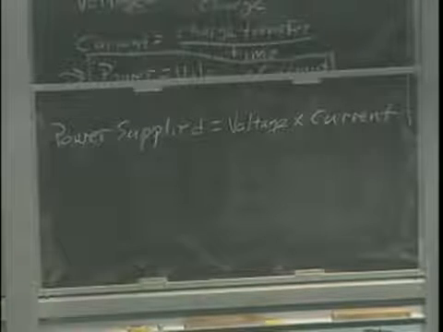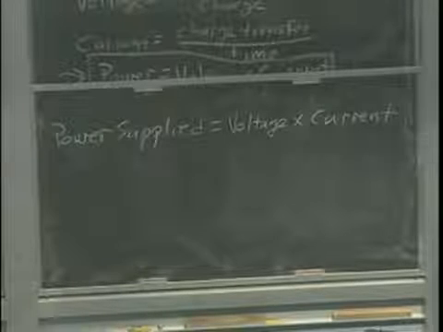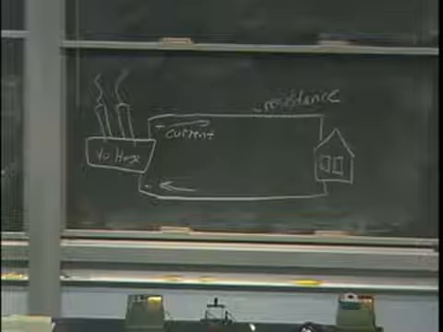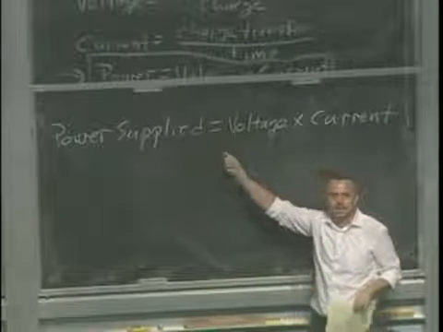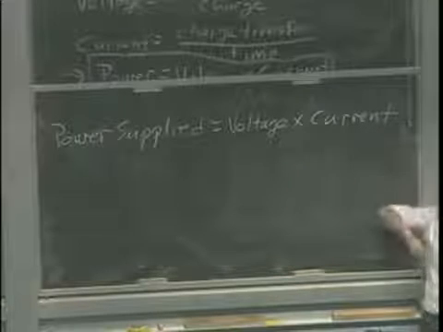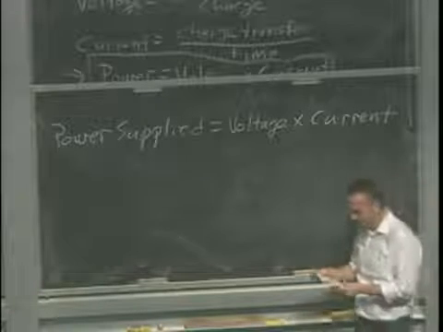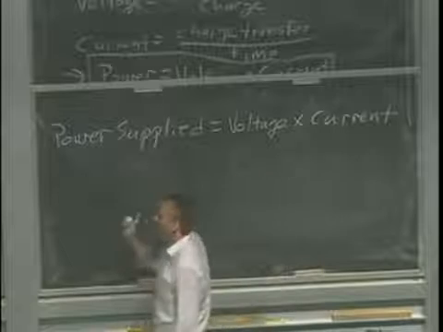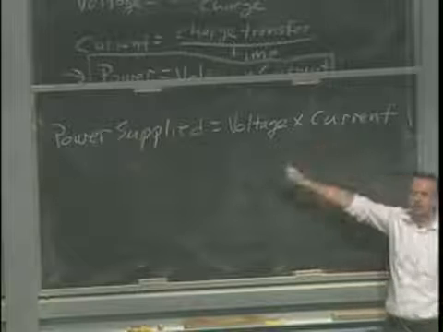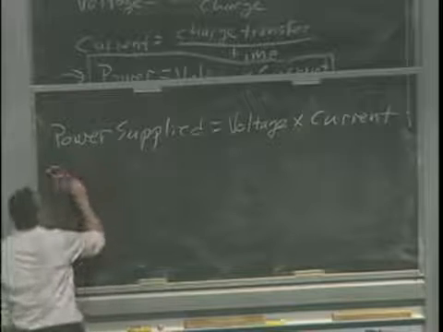So if that plant needs to deliver 10 megawatts to a city, then it has some voltage, and the amount of current that it has to send out will be determined by how much power it has to supply. So the larger the power that plant has to supply, the larger the amount of current that it needs to send out, in order to provide that amount of energy, that power to the user. So that is the power that's being supplied. So the current will be determined by how much power that plant needs to provide. And then we have the amount of power lost or power dissipated.